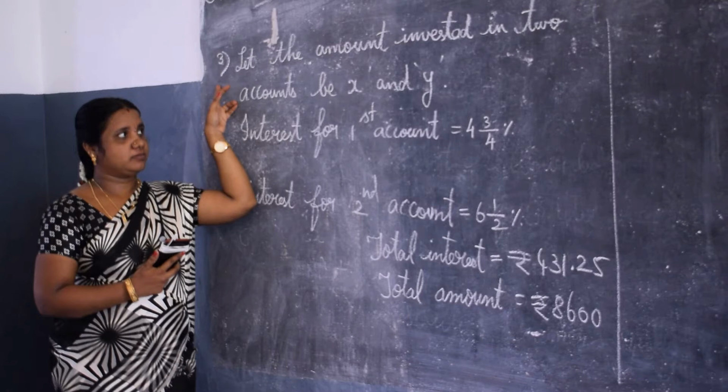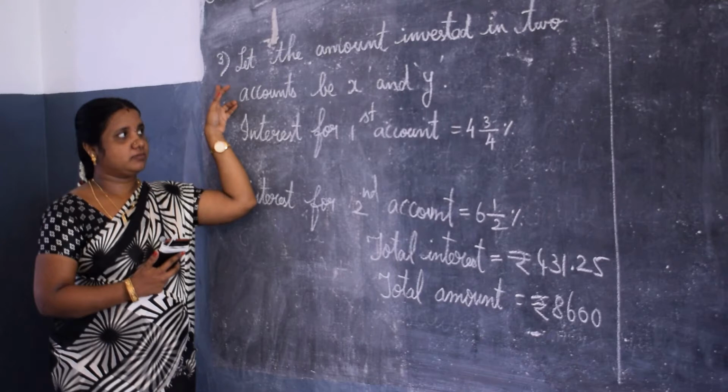Multiply and write correctly. Now you multiply 86 into 26. 2236, so 223600 minus 172500.